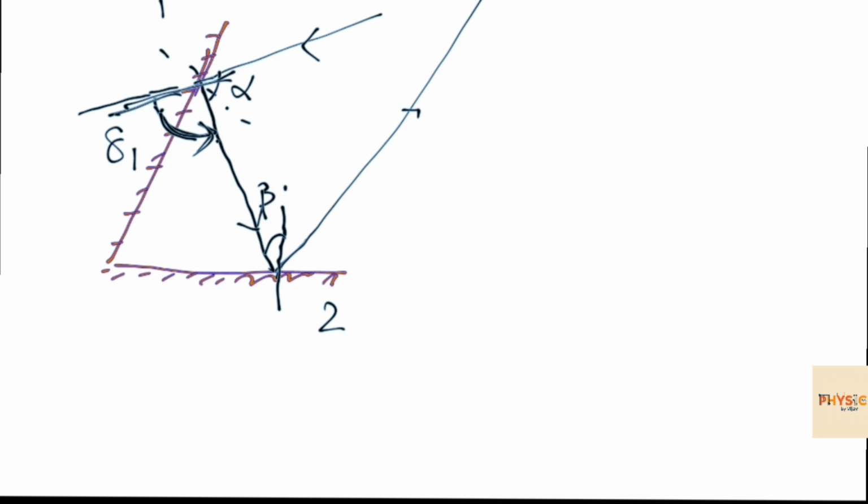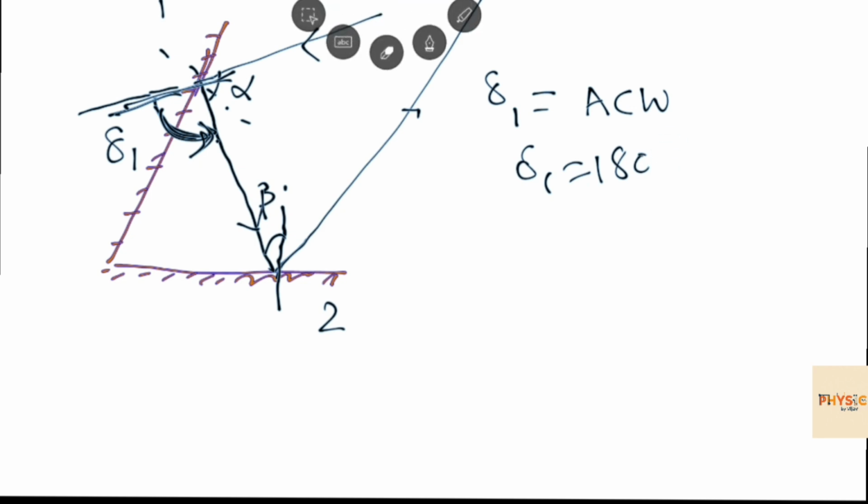Measuring from the actual path to the deviated path, this is the value of delta 1, and it is anti-clockwise. So delta 1 is written as 180 minus 2 alpha, in the anti-clockwise direction.